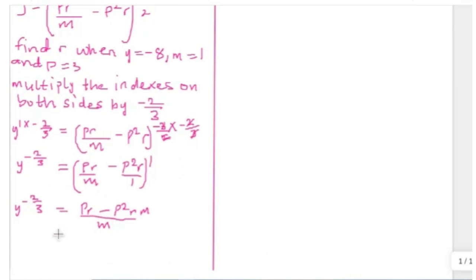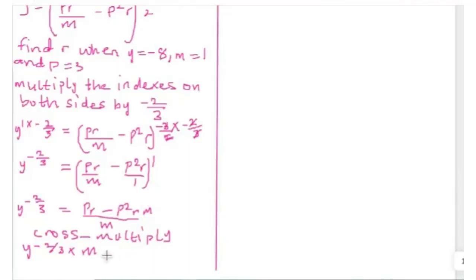Now let's take a look at this. The next thing we will do here is to cross multiply this expression. If we cross multiply, trying to write out the steps so that it's easy to follow, we're going to have y raised to power −2/3 times m equals PR minus p squared r m.